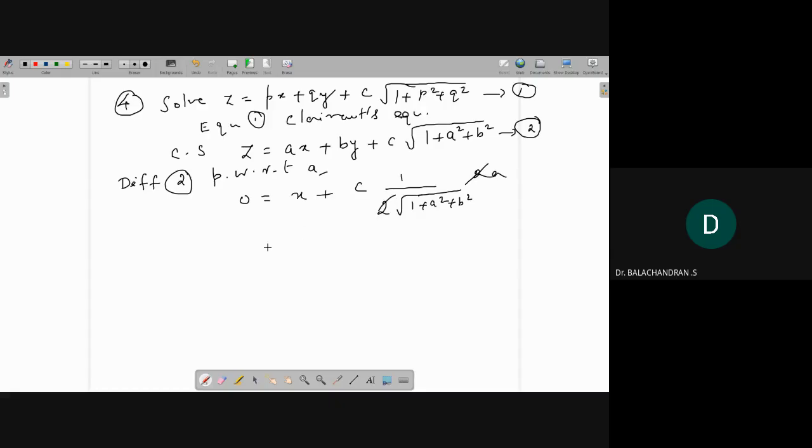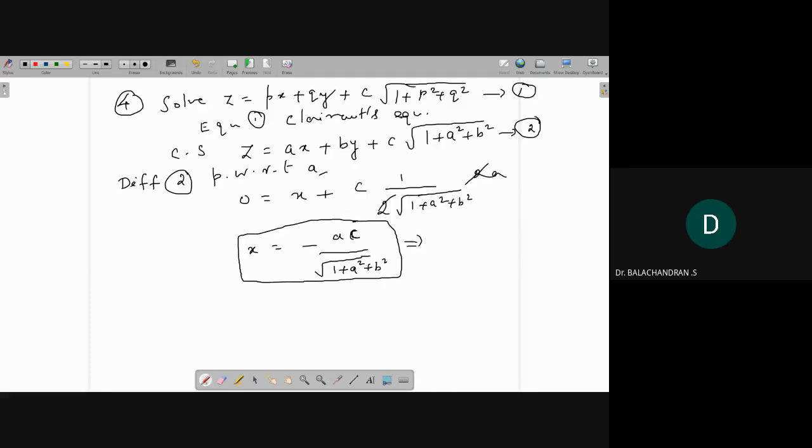So x is equal to minus ca divided by root of 1 plus a square plus b square. Okay, keep this.